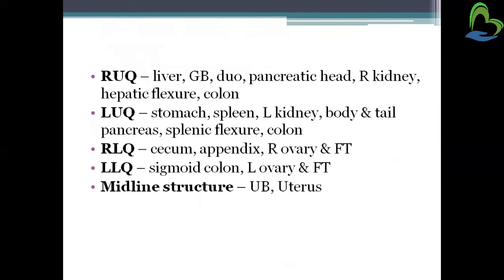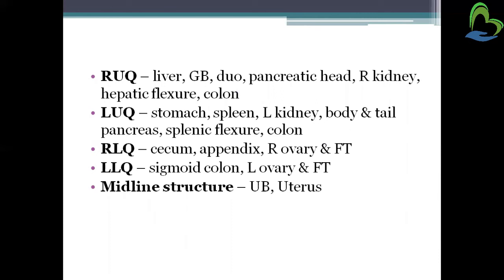Then there are four quadrants into which we can divide our abdomen. In the right upper quadrant are the liver, gallbladder, duodenum, pancreatic head, right kidney, hepatic flexure, and colon. Then what is in the left upper quadrant? The stomach, spleen, left kidney, body and tail of pancreas, splenic flexure, and colon.